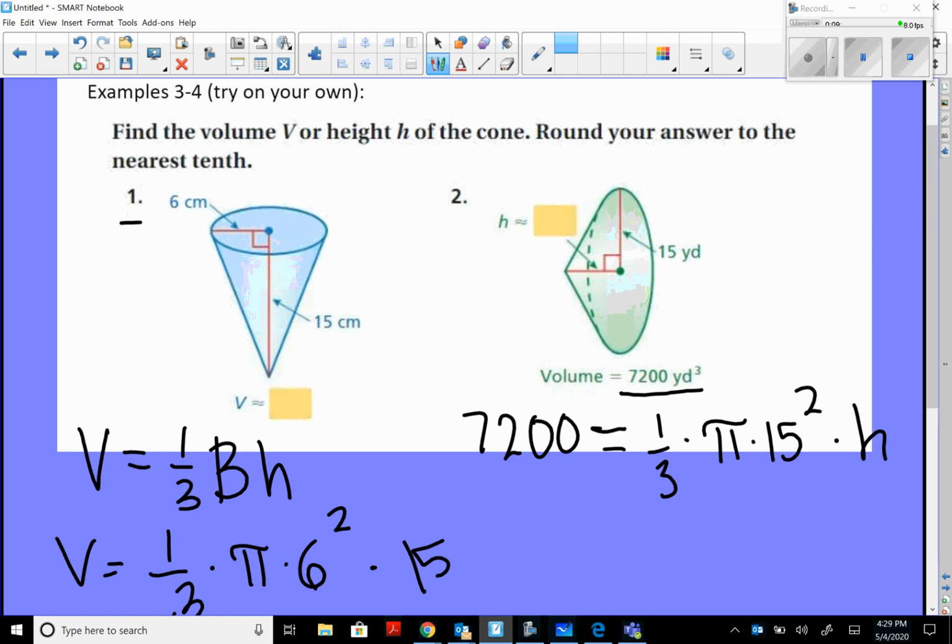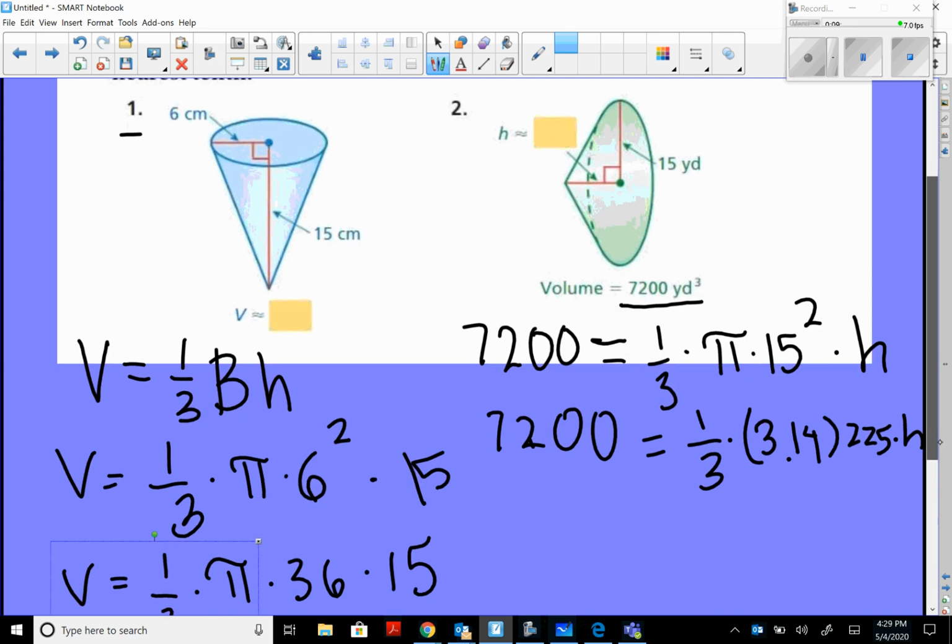We don't know h, so we're going to leave it as h, and that's what we're solving for. 15 squared is 225. Times, I'm going to go ahead and plug in the 3.14 here. I'm running out of space.